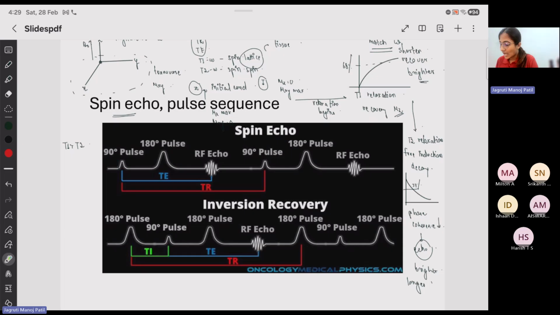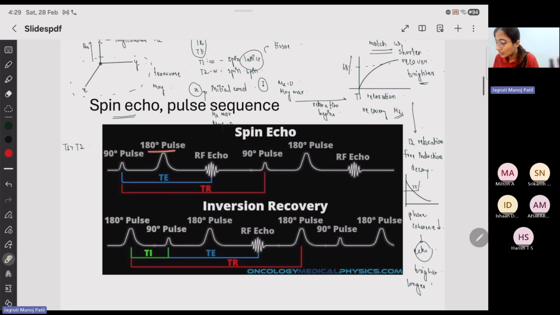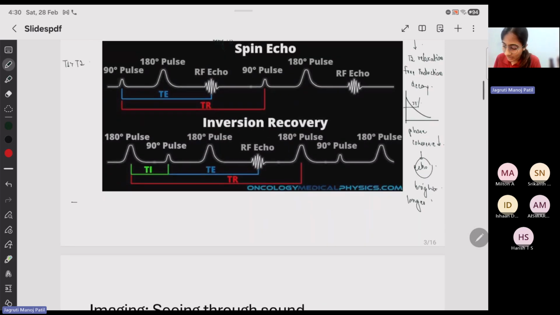Okay, now TR in this case is the time of repetition, how much time it takes to get from one 180-degree pulse to another 180-degree pulse, and TE is the time of echo, the signal that you get when T2 decays. So it is intuitive that T1 weighted images depend on the time of repetition of these 180-degree pulses, whereas T2 weighted images depend on the time of echo, the time where we get the signal.